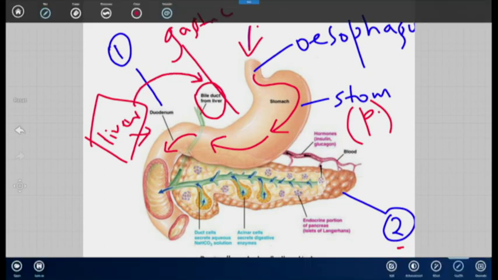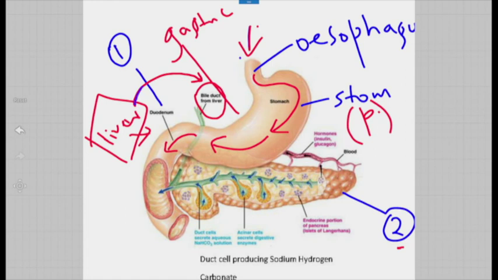The liver produces bile, and the bile is carried by the bile duct, and the bile is stored in the gallbladder. There's a gallbladder somewhere there. The gallbladder.